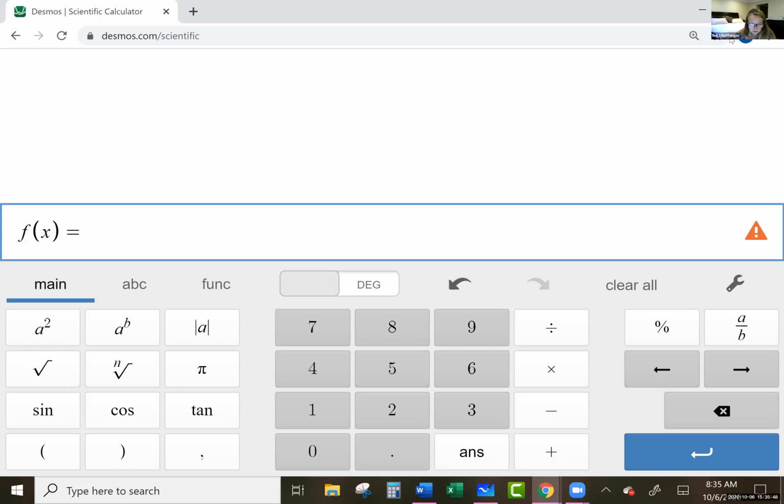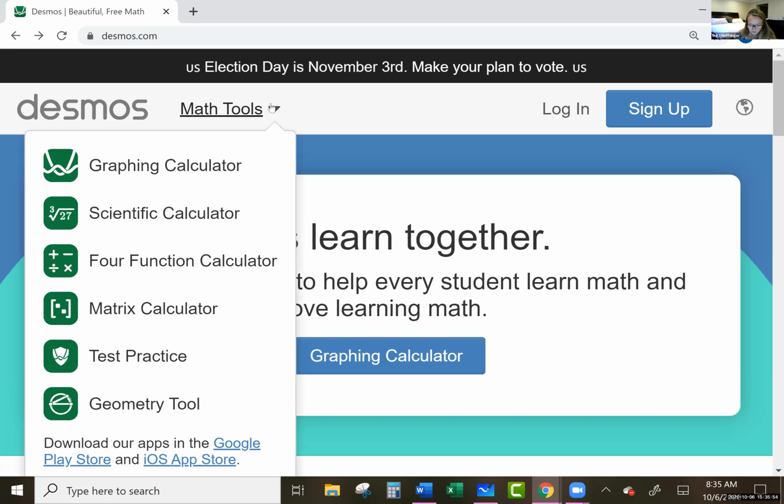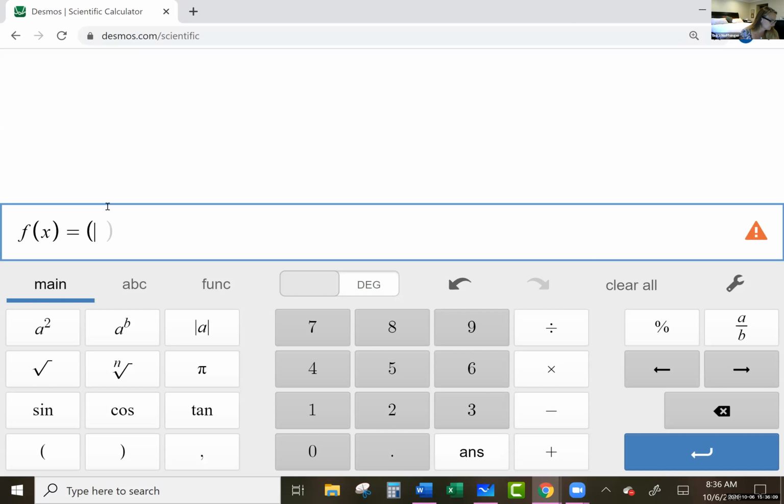Let me go back. I swear it was this one though. What was our function? This was x minus 2 quantity squared, and then it was all times x plus 2, x plus 4.